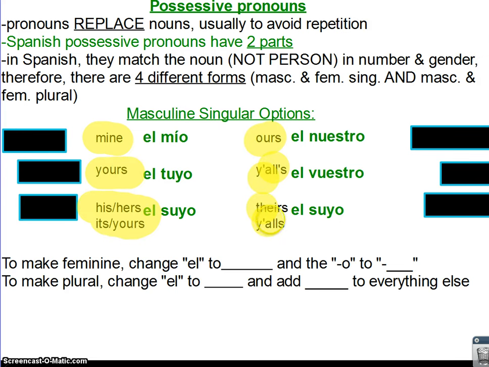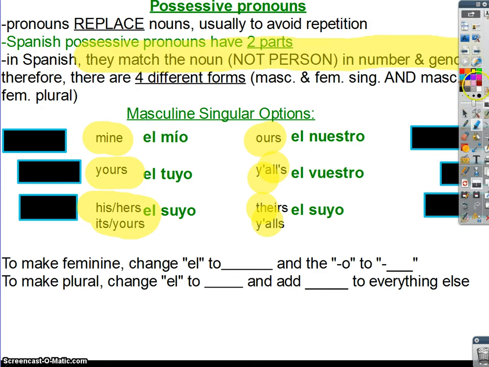And as it states in your notes, possessive pronouns have 2 parts, the el, la, los, or las, and then mío would be changed to míos, mías, or mía, and they have to match the noun, not the person, in number and gender. And you guys have the notes on this as well.